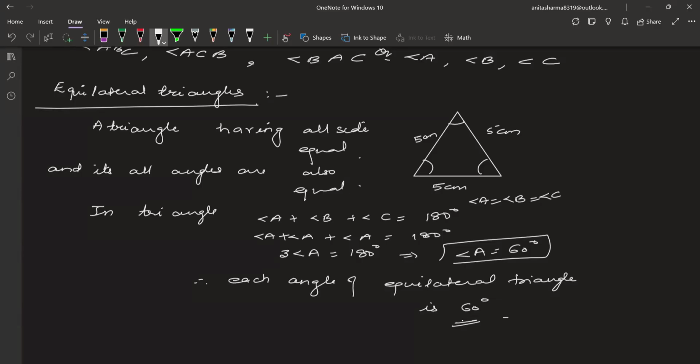Siddhant, there is a theorem: the angles opposite to equal sides are equal. Got it? The proof of this theorem you will study in higher class. Okay, beta?